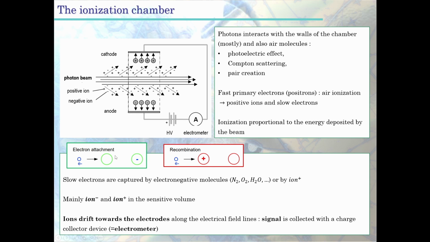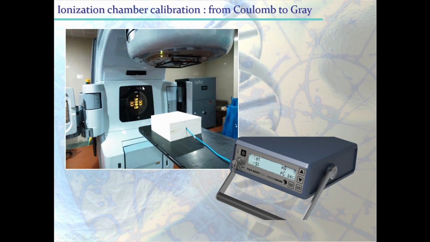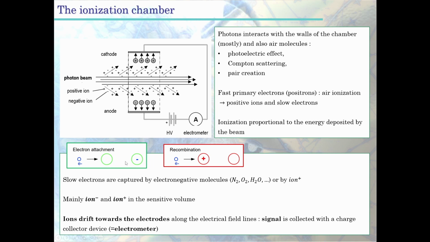And sometimes it can also happen that an electron will pass by a positive ion and both can recombine. Okay. But what you have to know is that basically in this ionization chamber, which uses air as a medium, you have mostly positive and negative ions drifting.